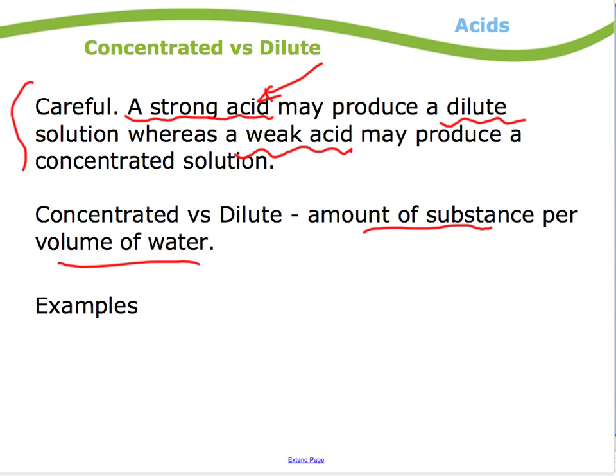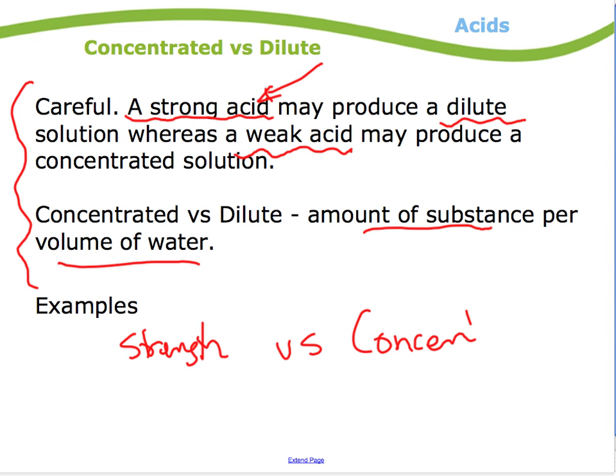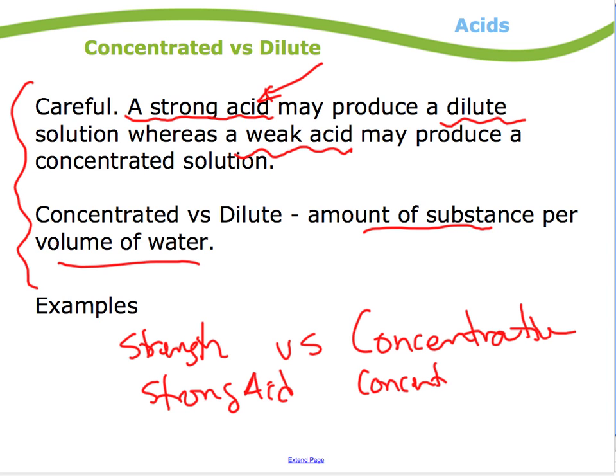That might be something to look up in the textbook and research a little bit, just that difference between the strength of your acid versus the concentration. Because those two ideas are different. I can have a strong acid, but it could be very concentrated, or it could be dilute.